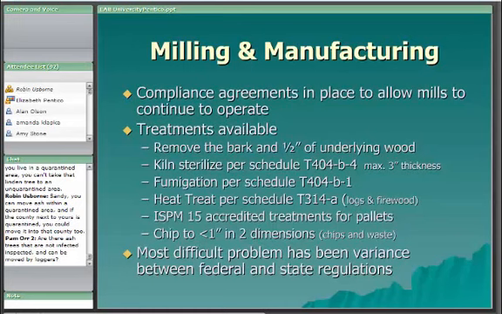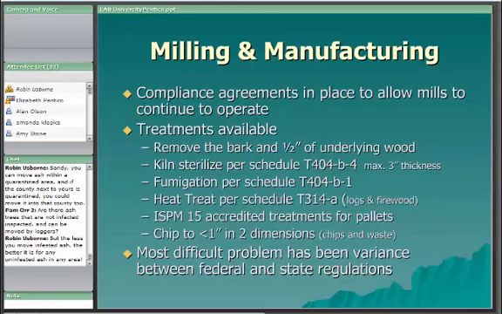We do see this being used quite a bit for firewood. Then ISPM 15 stands for International Standard Phytosanitary Measure 15. That is an international agreement for how wood packing material will be treated in trade.